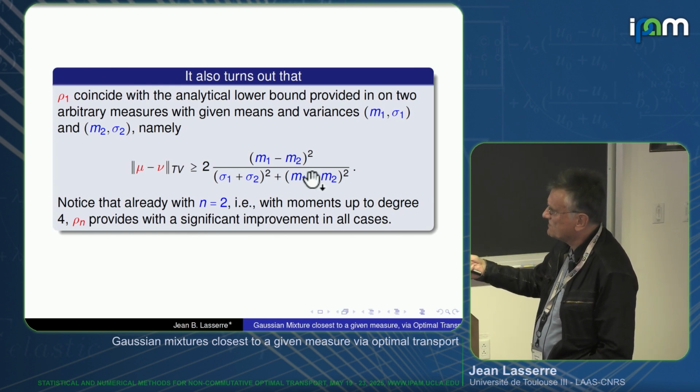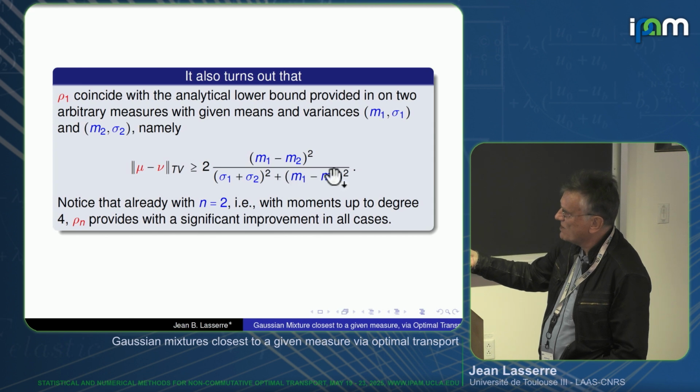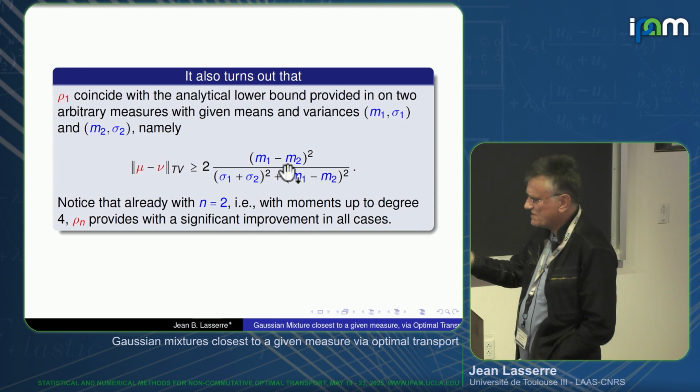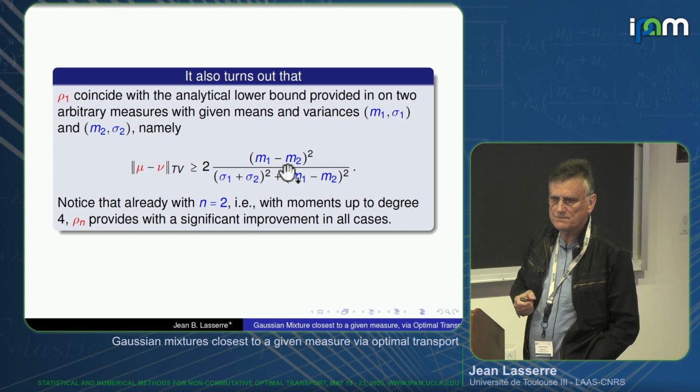So there is an explicit analytical formula that gives you that the total variation distance is greater than 2 times this, and this is exactly the value that you get at the first relaxation.